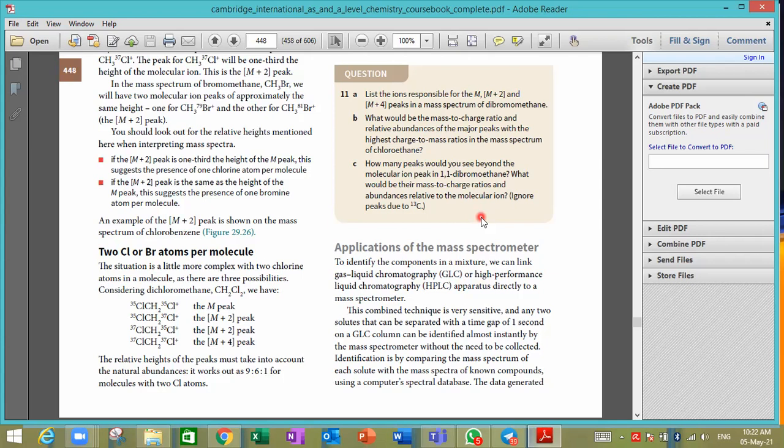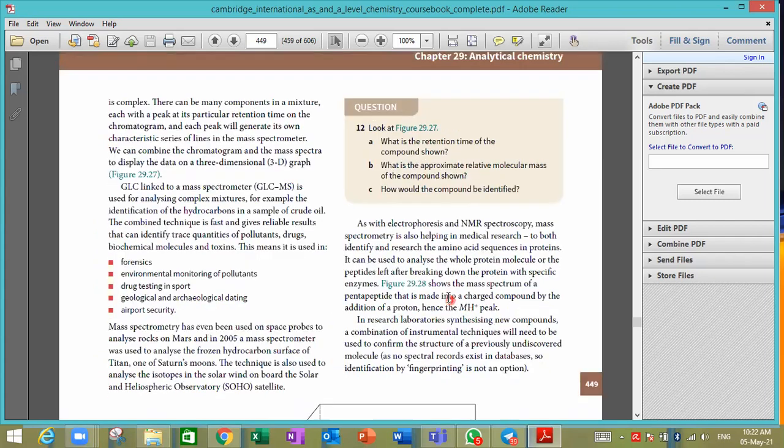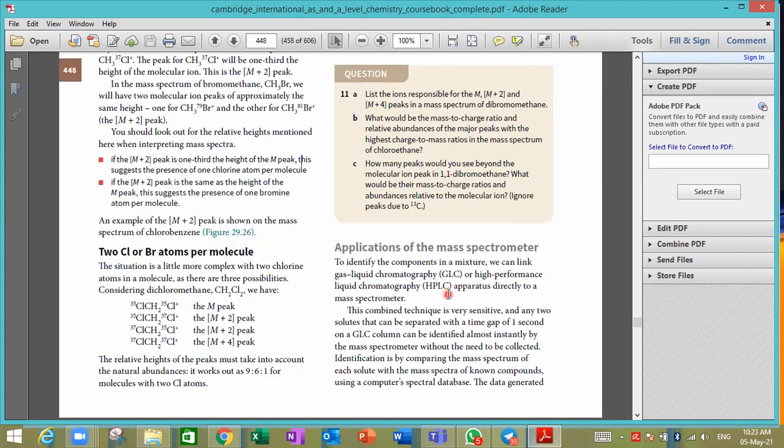We studied in the last lesson the GLC, which is gas liquid chromatography, and the HPLC, high performance liquid chromatography. We have seen that both of them use retention times in order to find out what the different compounds present in our mixture are.